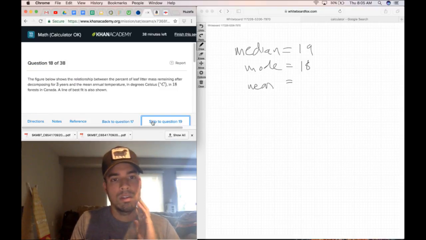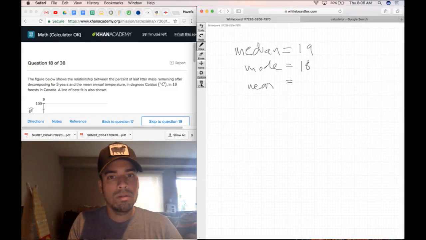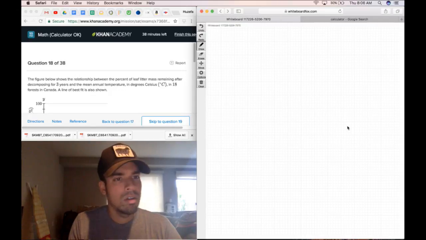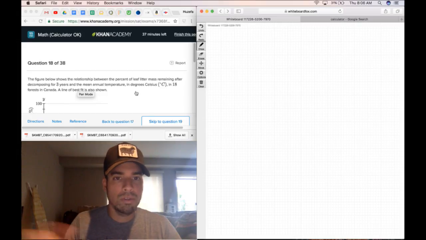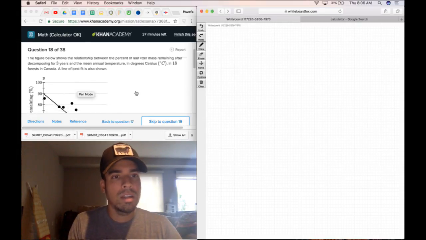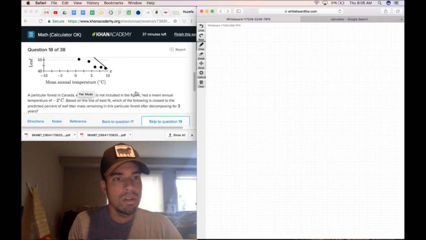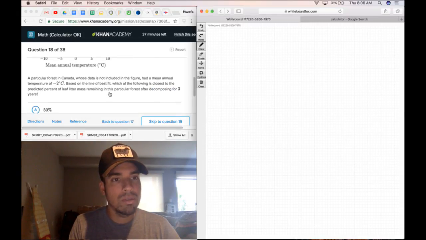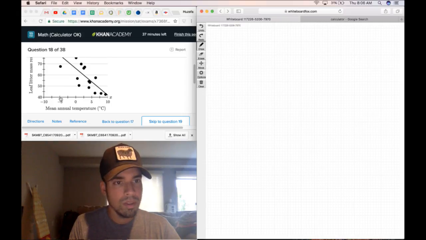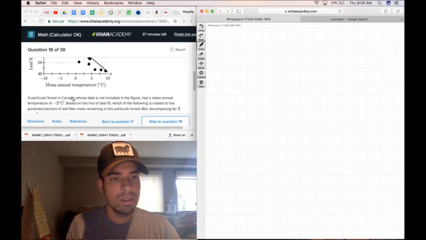All right. Next, the figure below shows the relationship between percent of leaf litter mass remaining after decomposing for 3 years and the mean annual temperature in degrees Celsius in 18 forests in Canada. A line of best fit is also shown. Cool. A particular forest in Canada, whose data is not included in the figure, had a mean annual temperature of -2 degrees. So like right here somewhere.